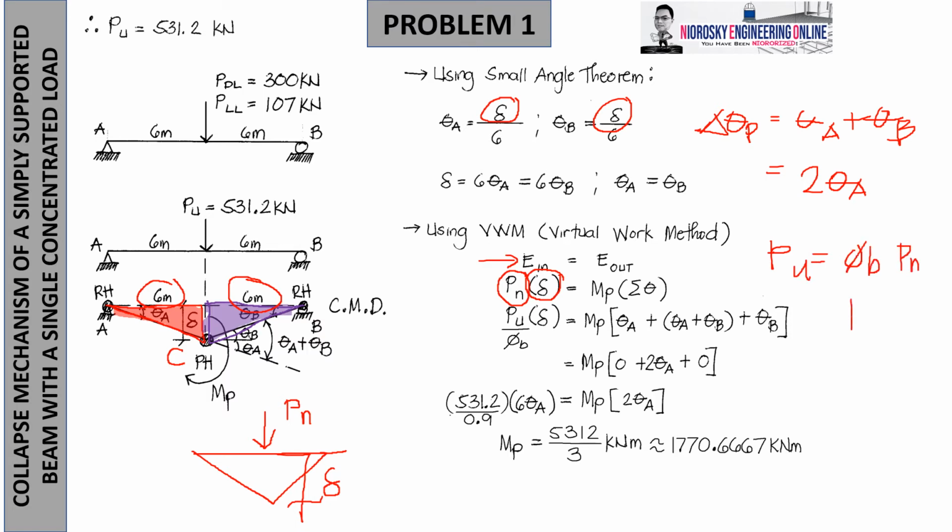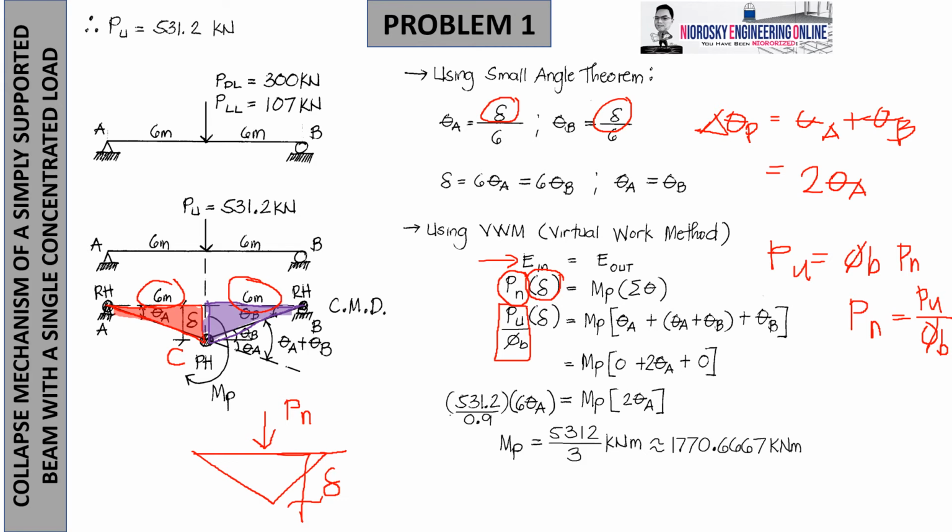So we can say that there's a relation between the two. So nominal equals Pu over phi B, or the phi of bending. No, the reduction factor for bending. That's why you'll find out in my equation, Pn equals Pu over phi B na. Kasi ang plastic moment will only exist in the condition of nominal state. Okay?